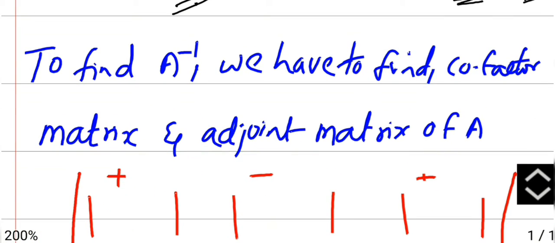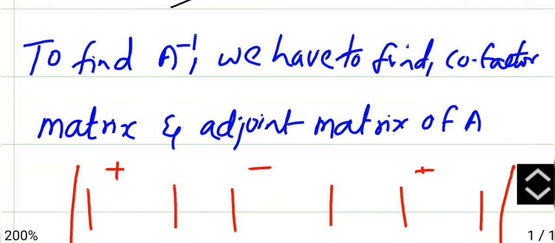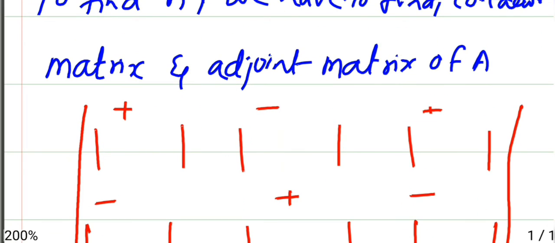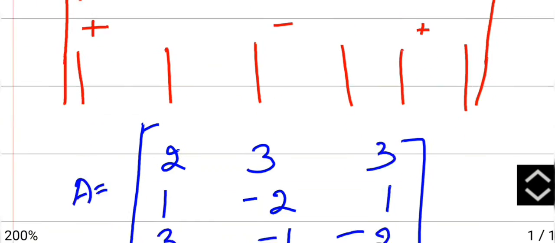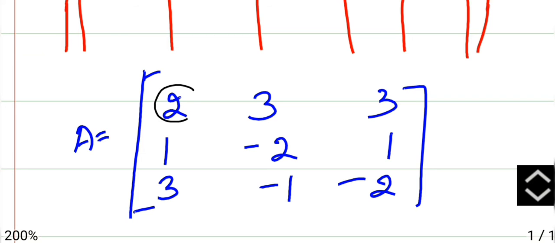Now to find A inverse, we first have to find the cofactor matrix and the adjoint matrix of A. Now what is this? First you draw this big determinant and then you write plus, minus, plus, minus, plus, minus, plus, minus, plus for these determinants. Now just consider, take 3.